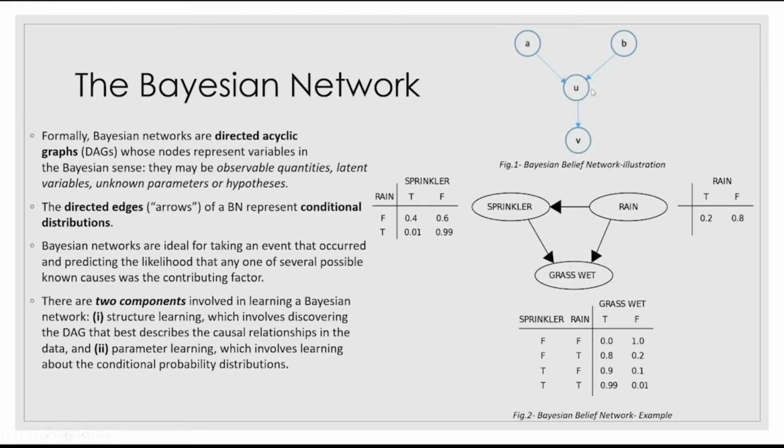An example is illustrated in this figure. A and B, we can see, are the parents of U, and U is the child of A and B, whereas for node V, U is the parent.